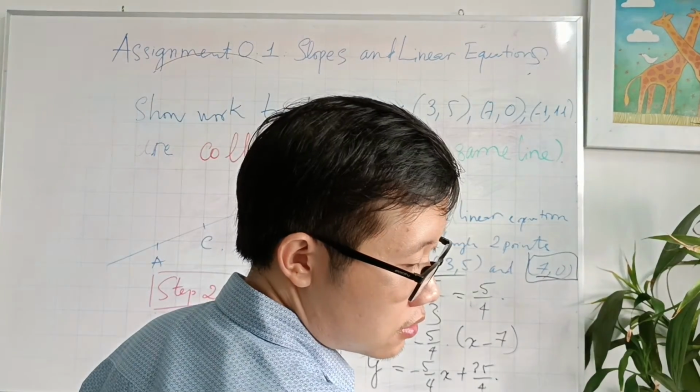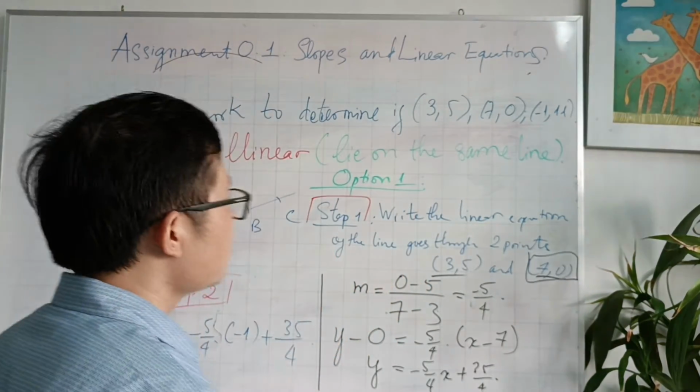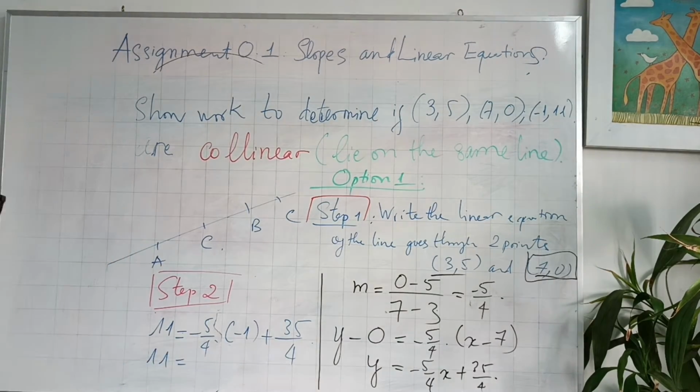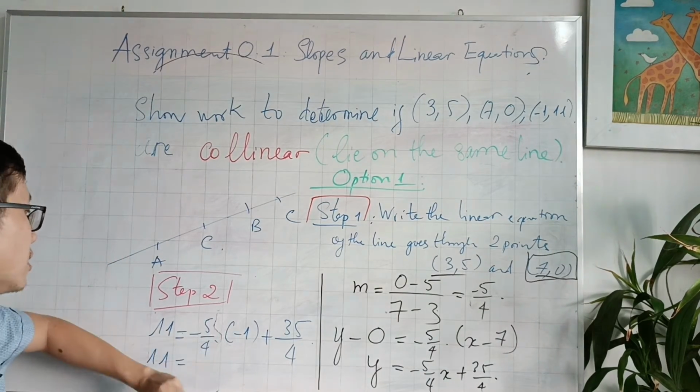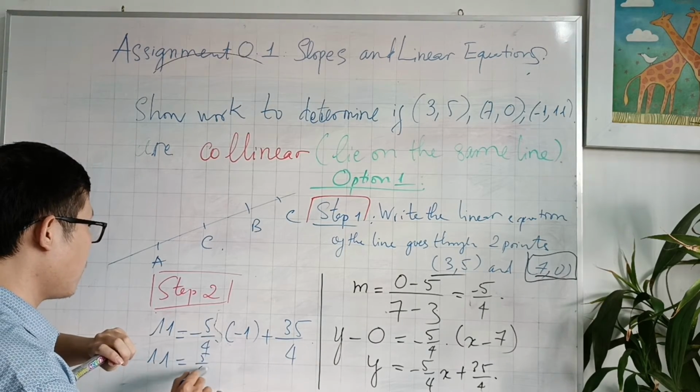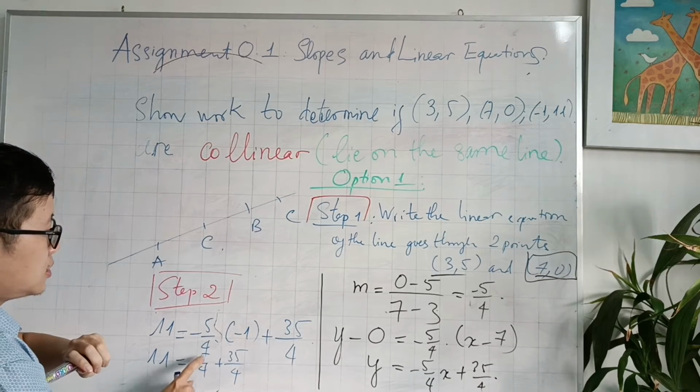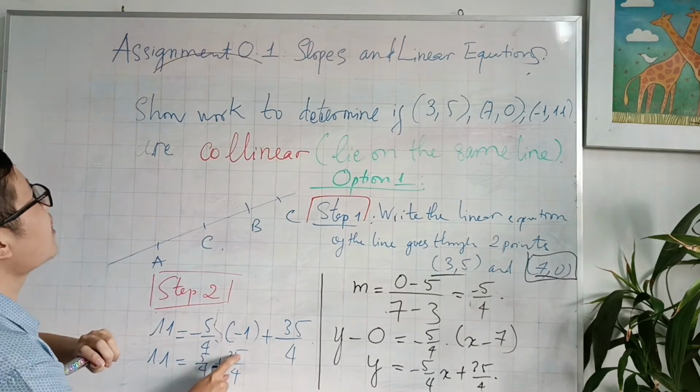It's 11 equals negative 5 over 4 times negative 1, which is 5 over 4, plus 35 over 4.